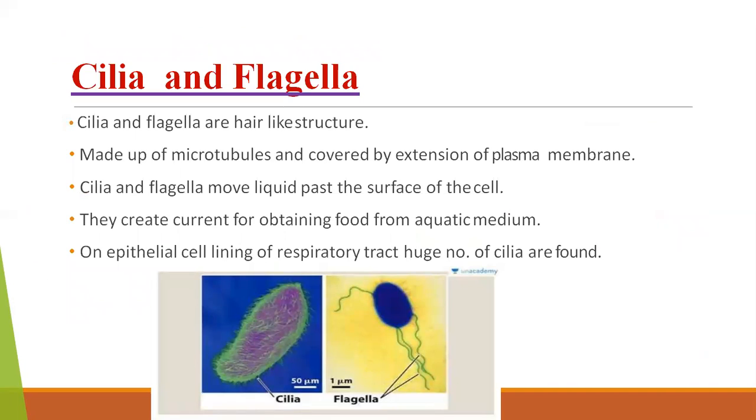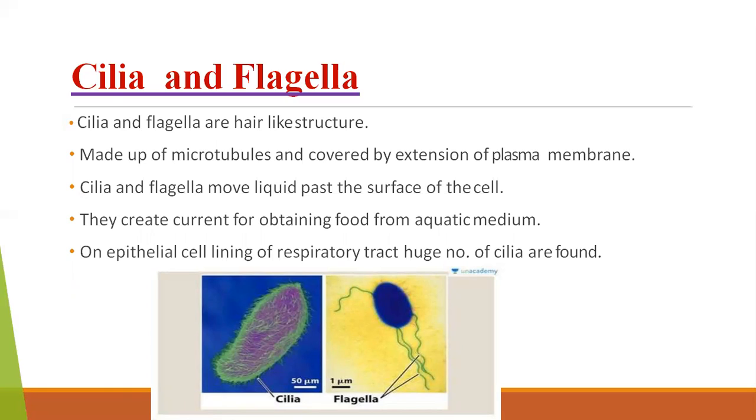Cilia and flagella are also an important part of the cytoskeleton. Cilia and flagella are hair-like structures made up of microtubules and covered by an extension of the plasma membrane. They move liquid past the surface of the cell and create currents for obtaining food from the aquatic medium.